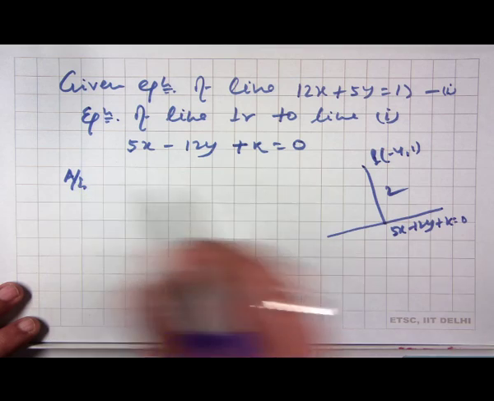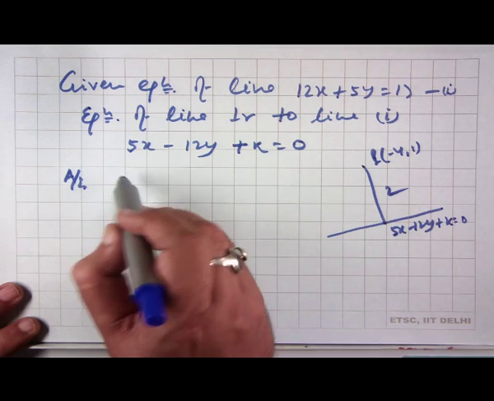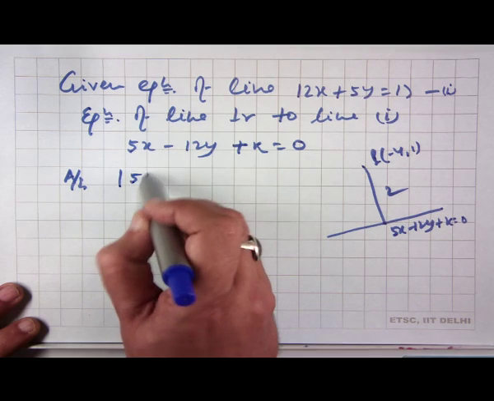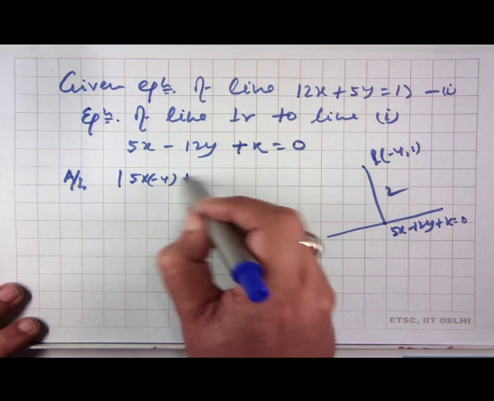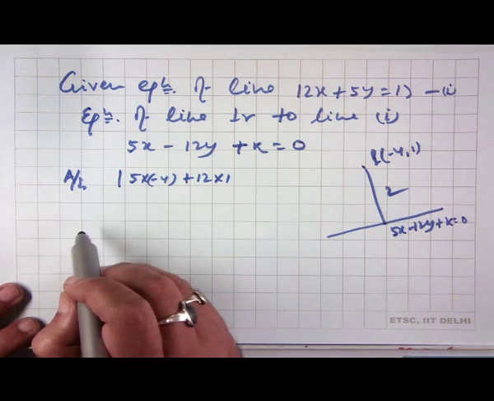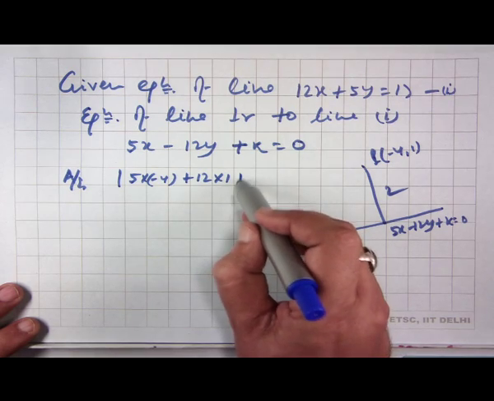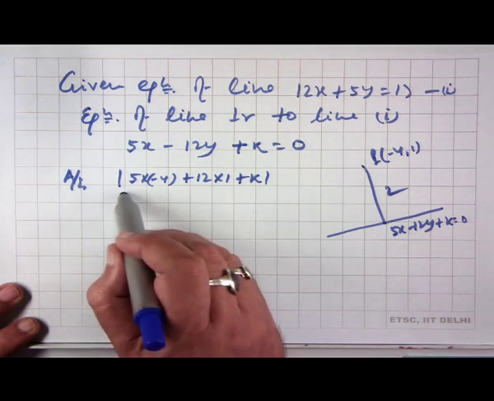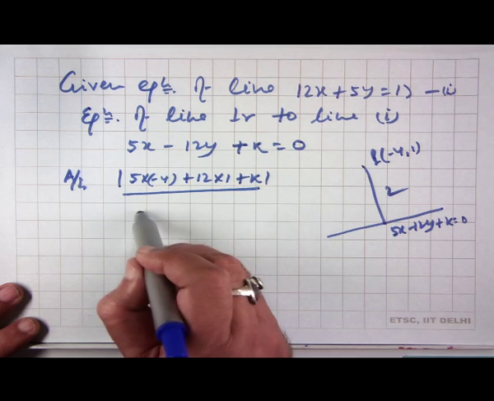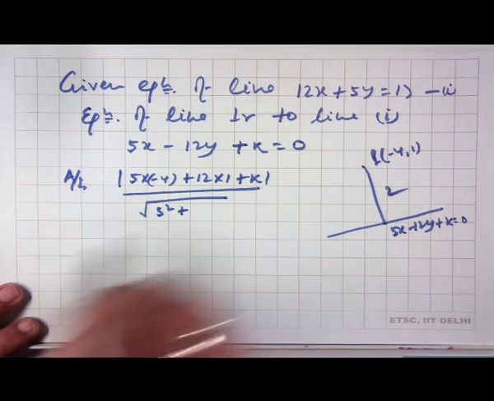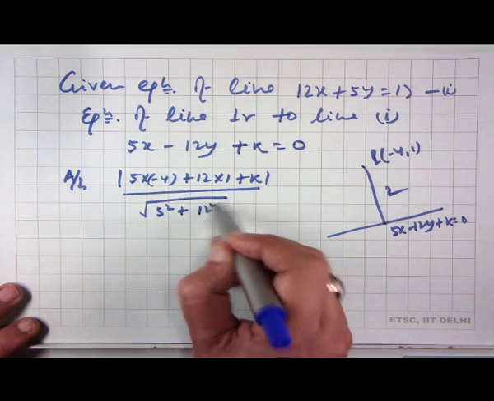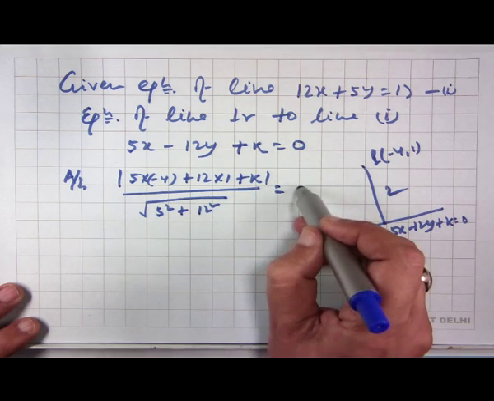So by using the distance formula, |5×(−4) + 12×1 + k| divided by √(5² + 12²) equals 2.